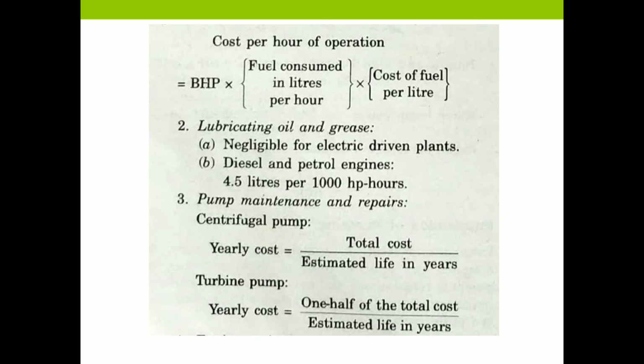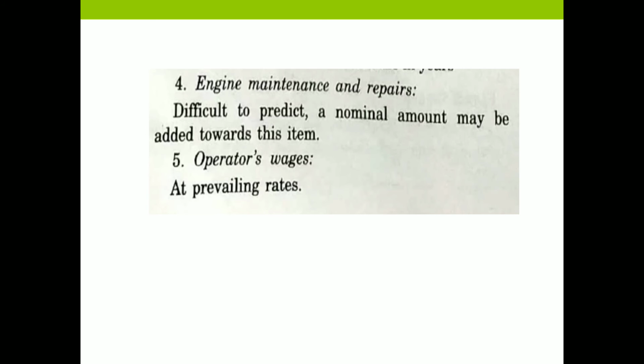So, for pump maintenance and repair, for a centrifugal pump the yearly cost is equal to total cost divided by estimated life in years. For a turbine pump the yearly cost is equal to 1/2 of the total cost divided by estimated life in years. Then number 4 is engine maintenance and repair.